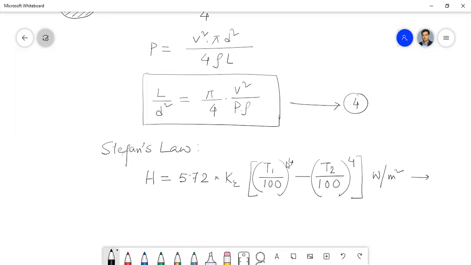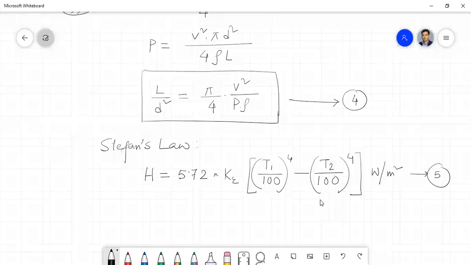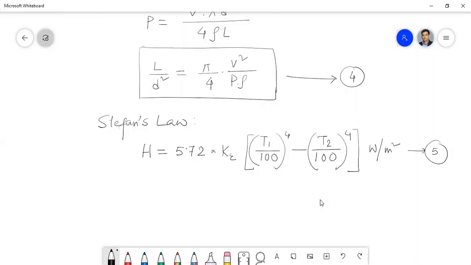Okay, so this is the expression we got from Stefan's law. Now this T1 and T2, as I told you, are the absolute temperatures expressed in Kelvin.